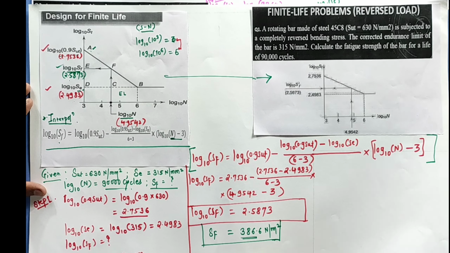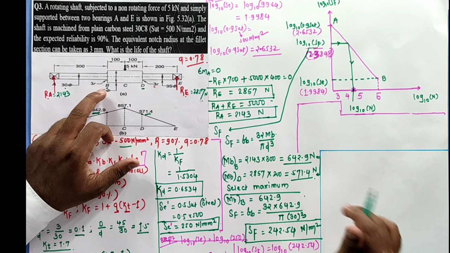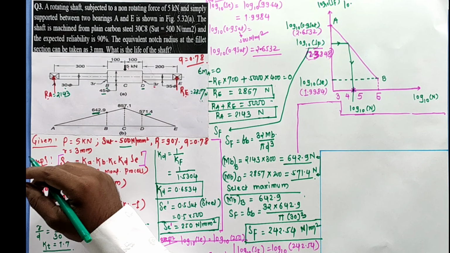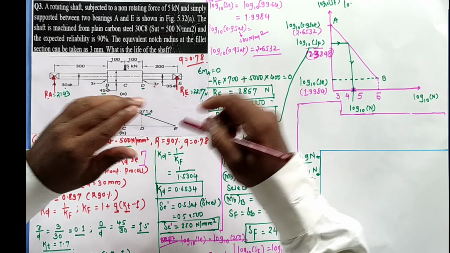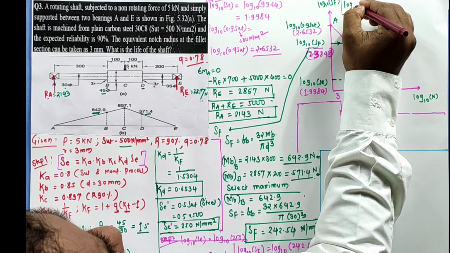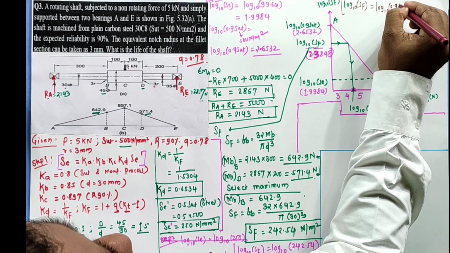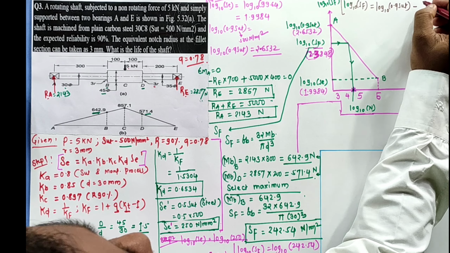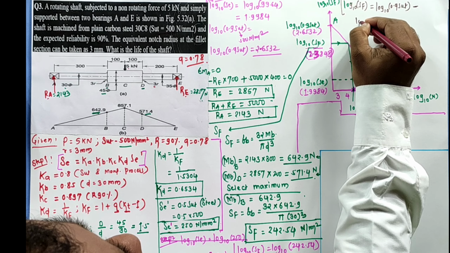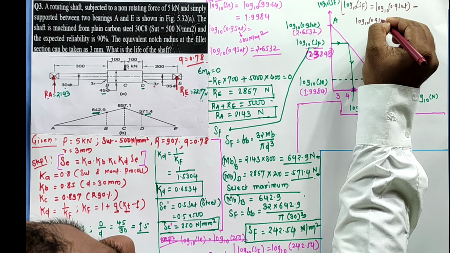So I'll directly write it for your sake: log base 10 of SF is equal to log base 10 of 0.9 SUT minus log base 10 of 0.9 SUT minus log base 10 of SE divided by 6 minus 3 into log base 10 of n minus 3.